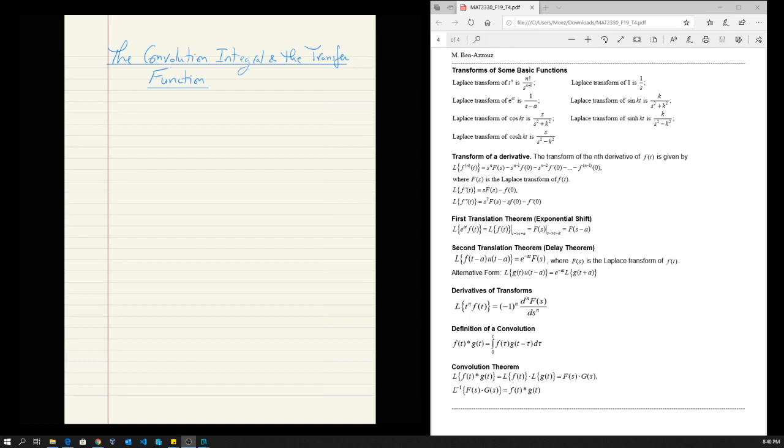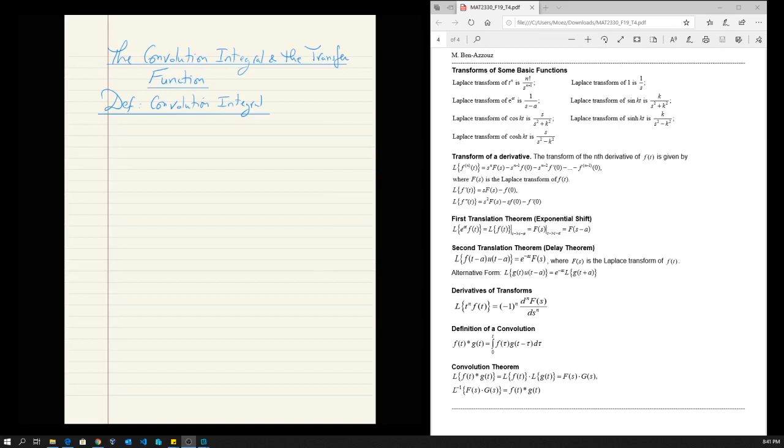So we need to know what the convolution of two functions is. Definition: the convolution integral. This is going to look scary when we write it down, but again, like everything, when we start doing examples, it will make a lot more sense to you.